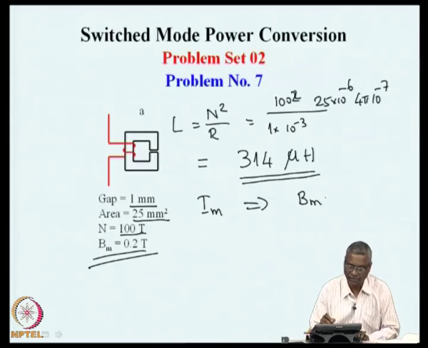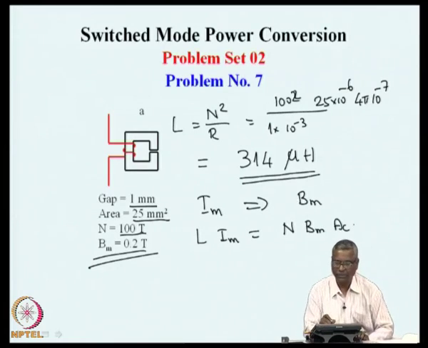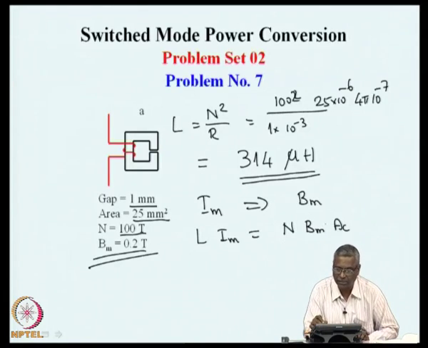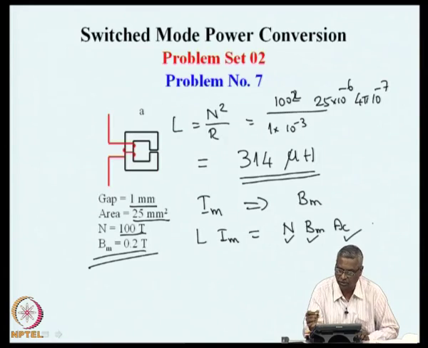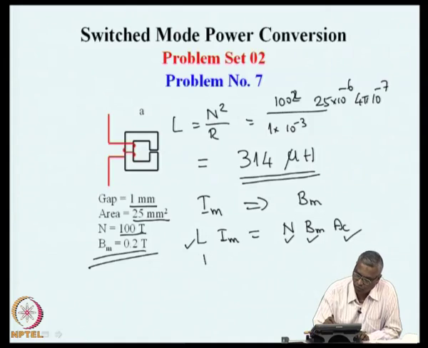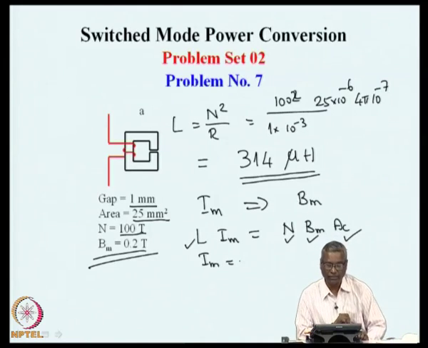This is very easy to calculate because L into Im is equal to N into Bm into AC, because Li is N phi. In this, N, Bm, AC and L are all known. So, we can find out what is the current at which this core will saturate.